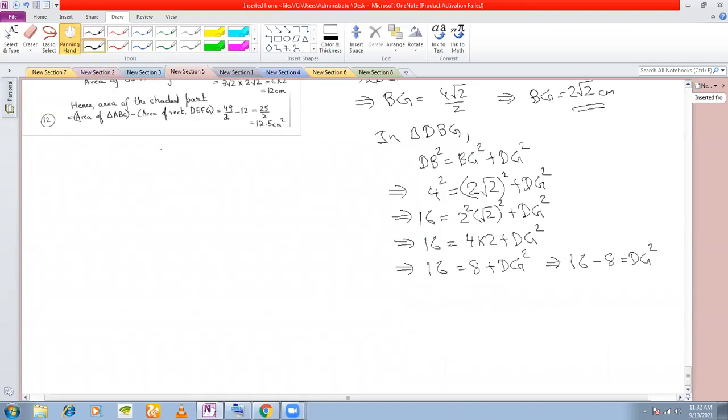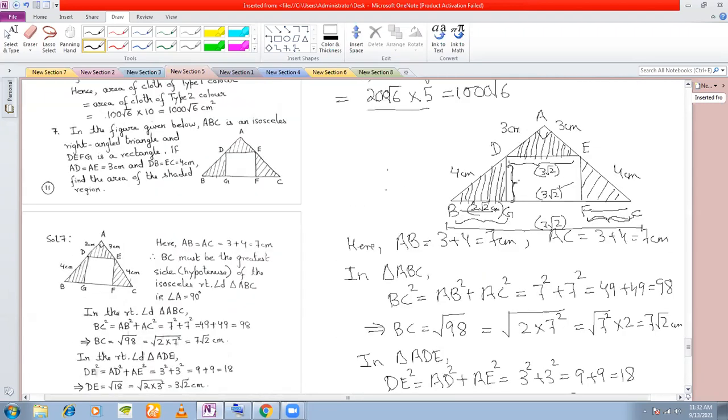That means DG square we're getting as 8. So how much is DG? Root 8. Root 8 is how much? 2 root 2. Prime factorize root 8. It prime factorizes to 2 cube, which can be written as 2 square into 2, which can be written as 2 root 2. So we have got the breadth of this rectangle also.